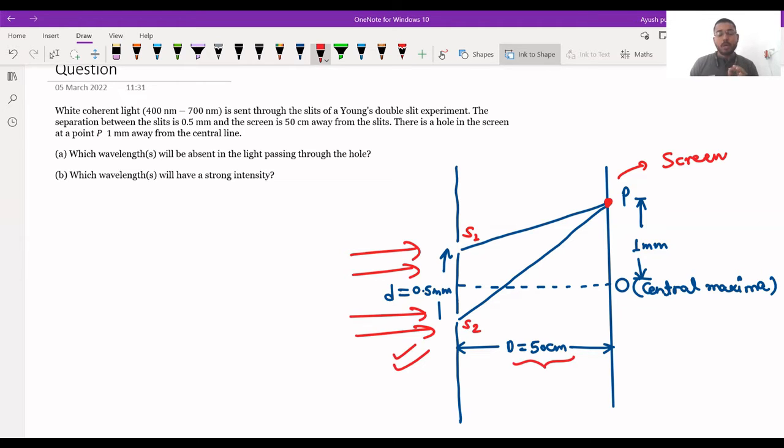So at the point P, we have to see corresponding to which wavelength a dark fringe will be formed and corresponding to which wavelength a bright fringe will be formed. This is the whole question. The question is not very tough, but the language of the question can be tricky. I hope you have understood the question. Now let's solve it.